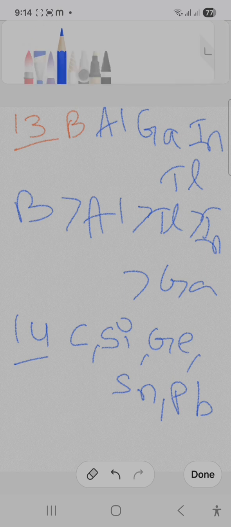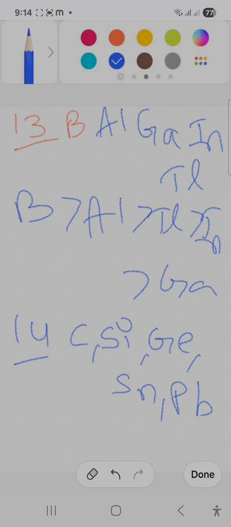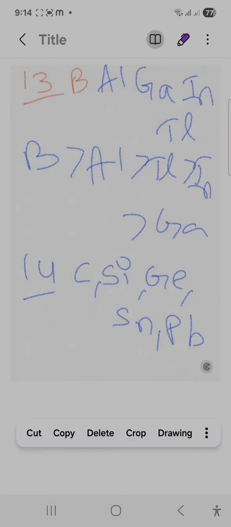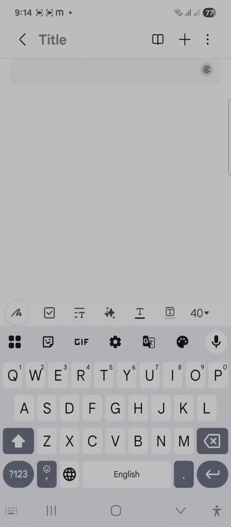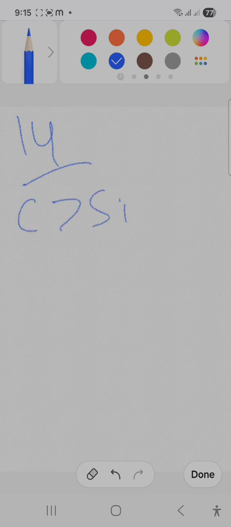How to write the 14th group elements? Carbon, silicon. Exchange four elements.